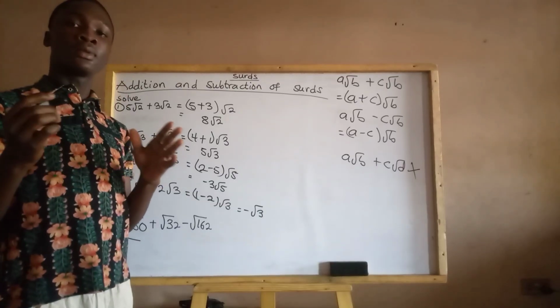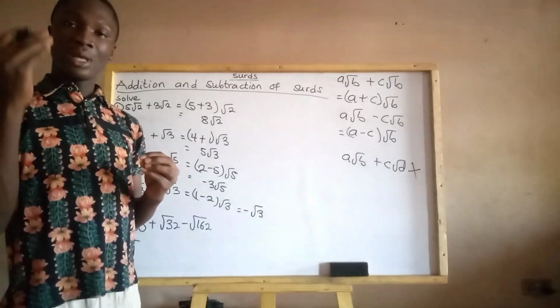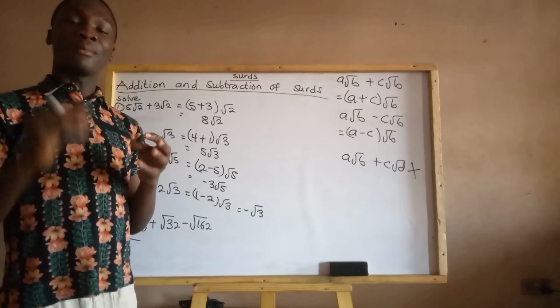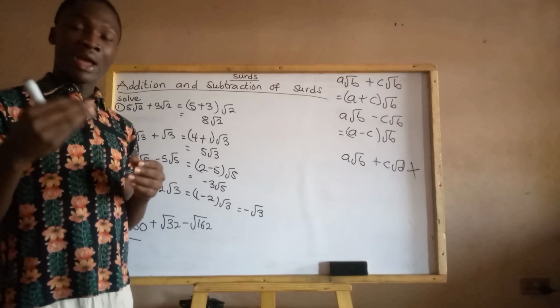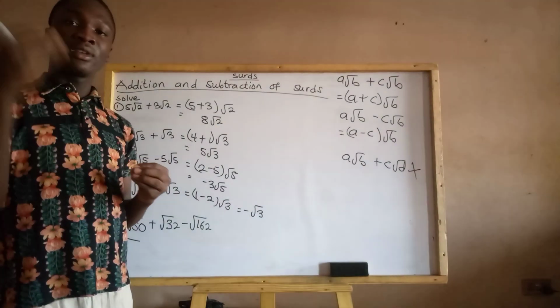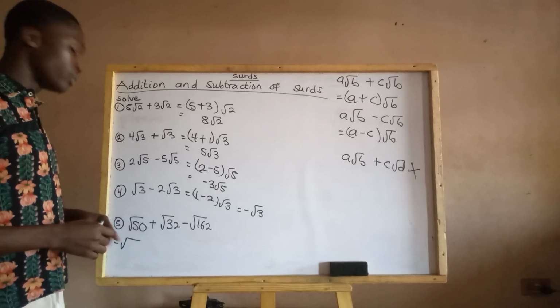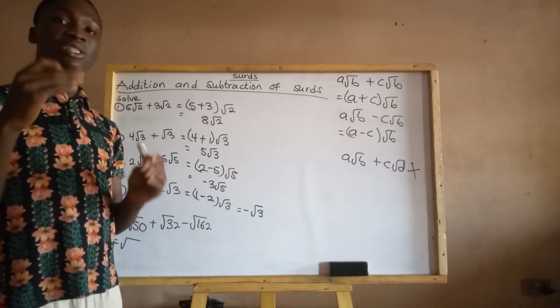With the idea from simplification of surds, we said that to be able to simplify any root or any surd, you have to get a perfect square which will multiply a number to give the number under the root. So here we have root 50. The perfect square that we will need is 25.